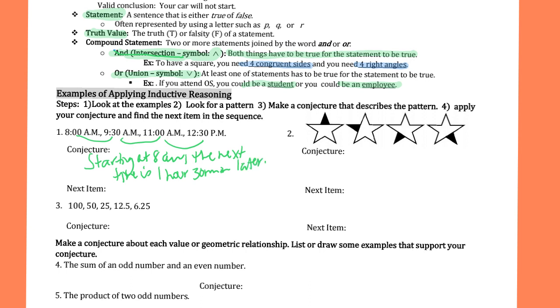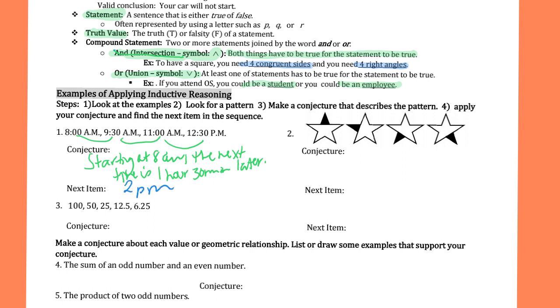I have to read it out loud because you can't read my writing very well when I use this pen. But starting at 8 a.m., the next time is 1 hour and 30 minutes later. So from 8 to 9:30, then 9:30 to 11, and then 11 to 12:30. And so what would be the next term? Well, the next item would be 2 p.m.